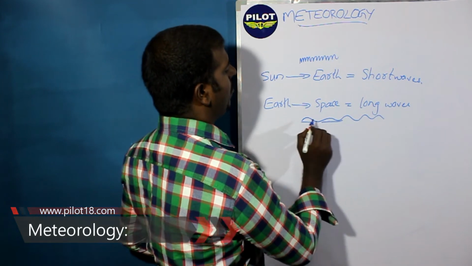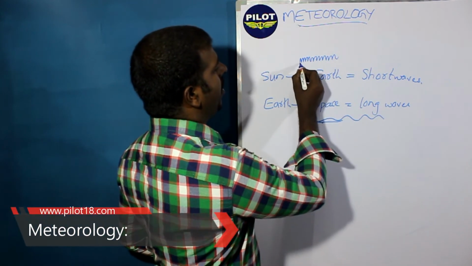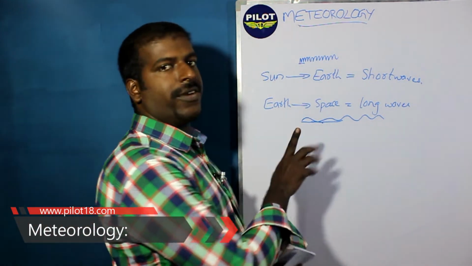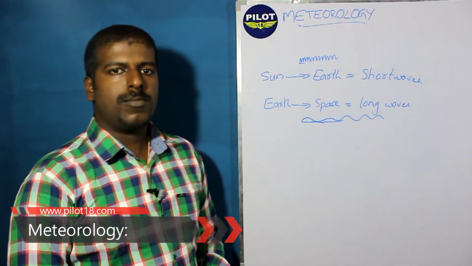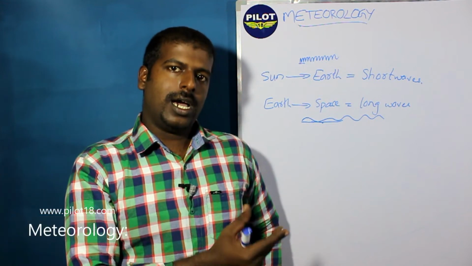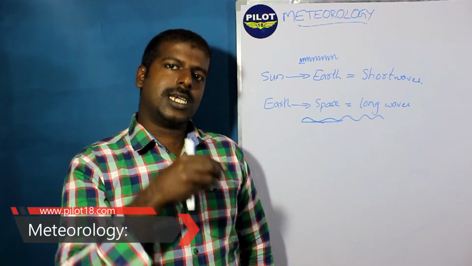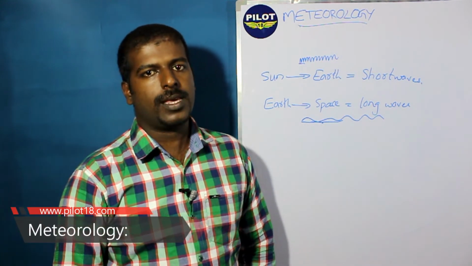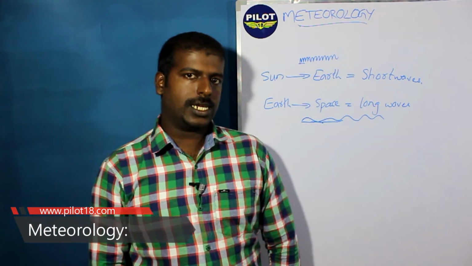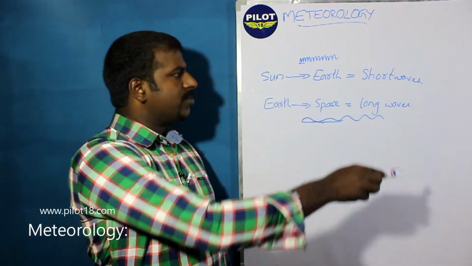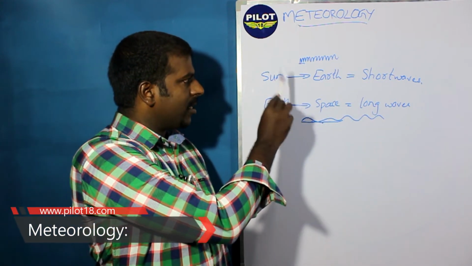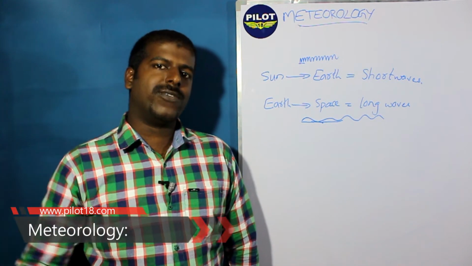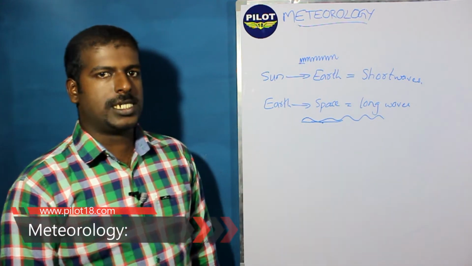Wavelength is more in terrestrial radiation, or radiation from earth, because earth absorbs heat, and any matter which contains energy re-radiates heat in the form of heat rays, any body which has heat energy in it. So earth reflects back the sun's radiation which it received in the form of long waves, which is called terrestrial radiation.